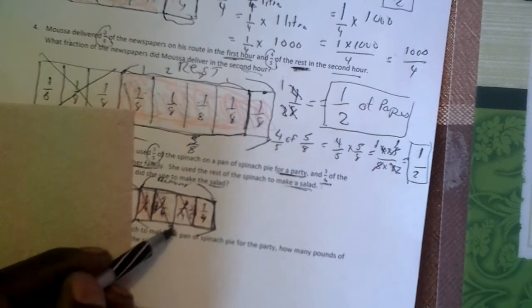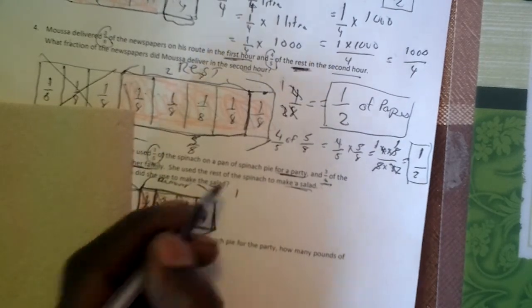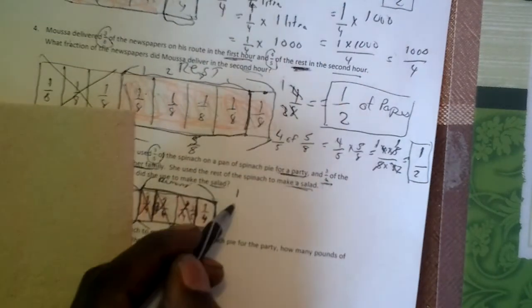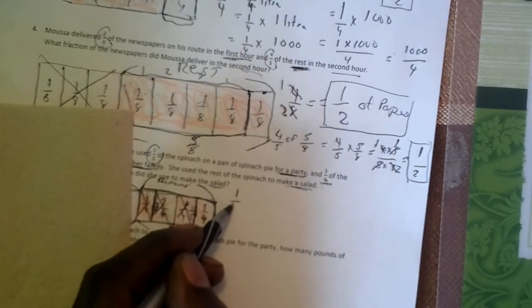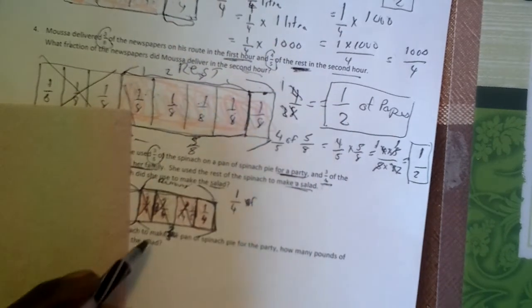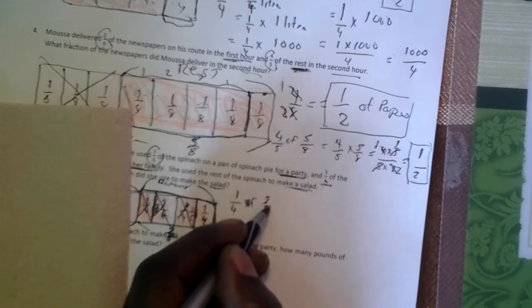What's this section? How many in this section? 2/5. So we can do our math sentence. So we have 1/4 of, what was this section left? 2/5. Very good.